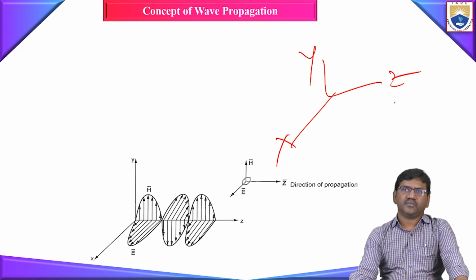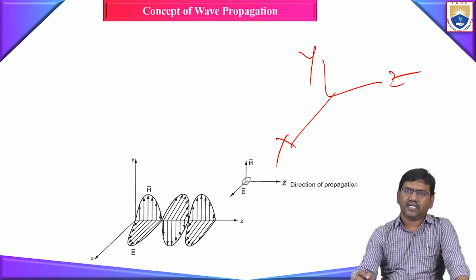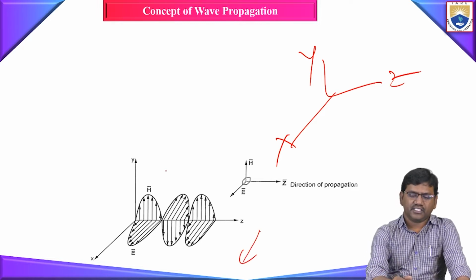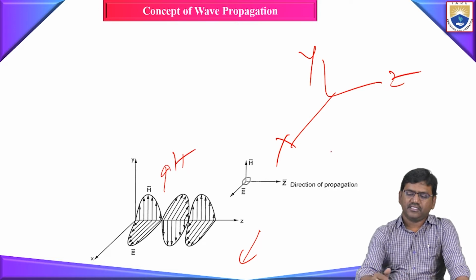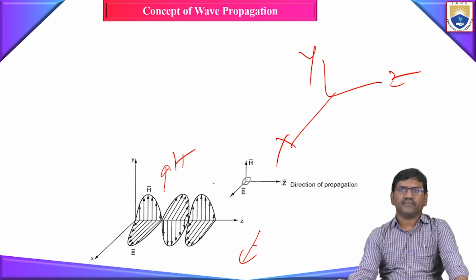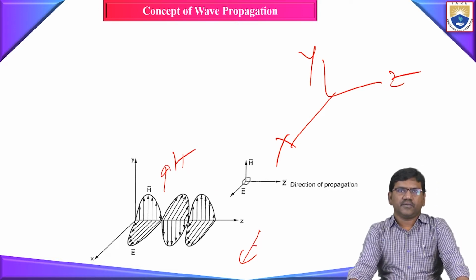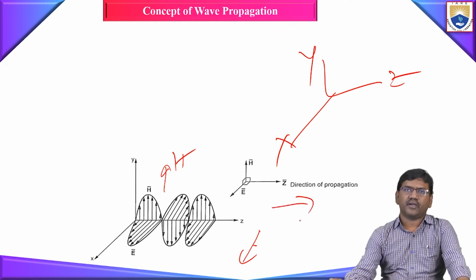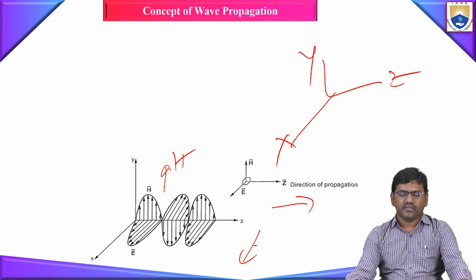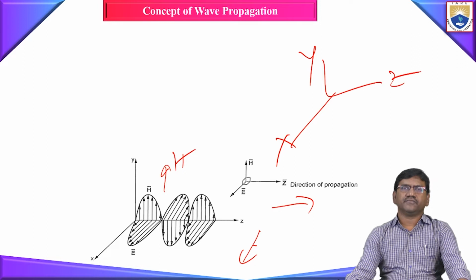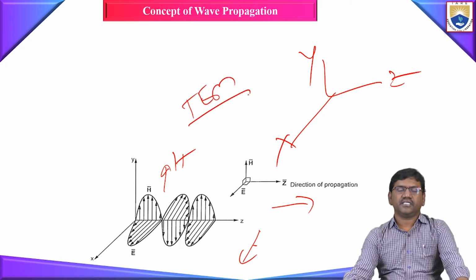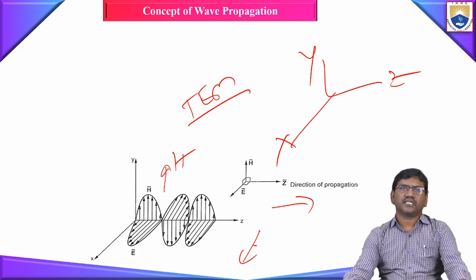The electric field is in the direction of X, and the magnetic field is in the direction of H, and E and H are perpendicular to each other. These mutually perpendicular electric and magnetic waves are orthogonal to the direction of propagation of the wave. Hence, we call these waves TEM waves, that is, transverse electromagnetic waves.